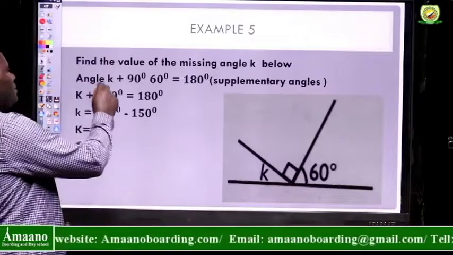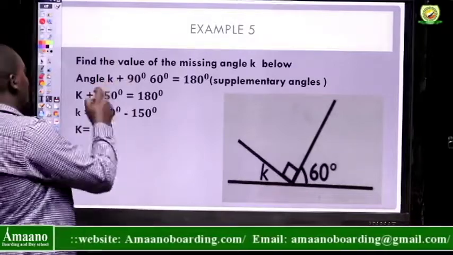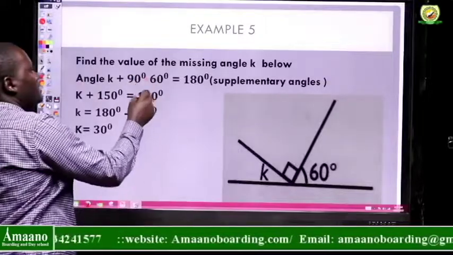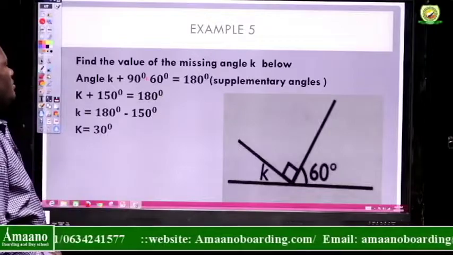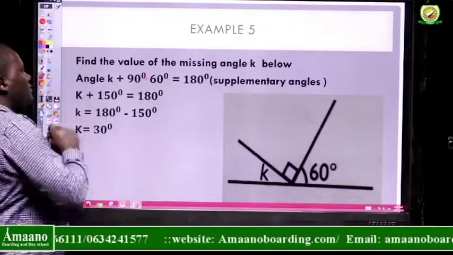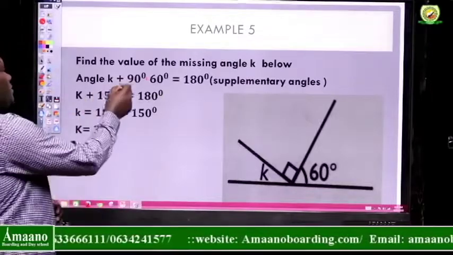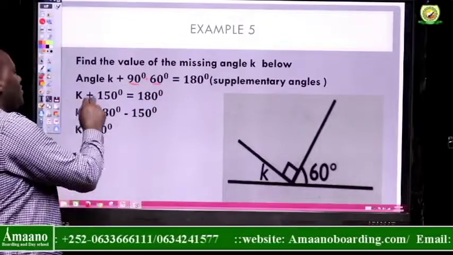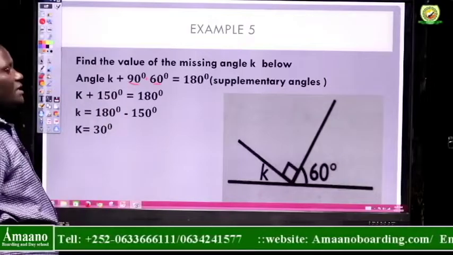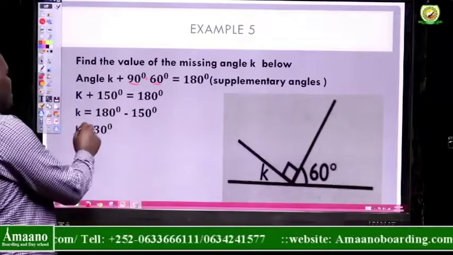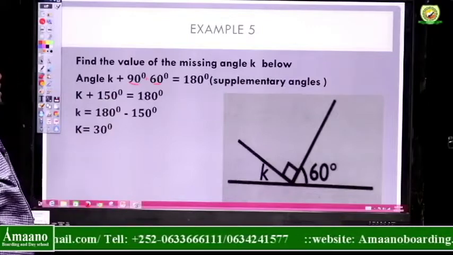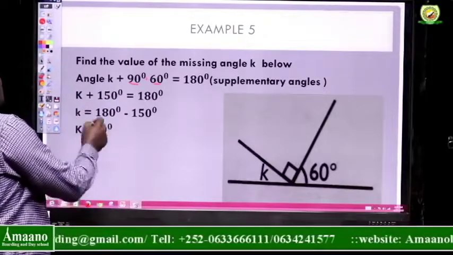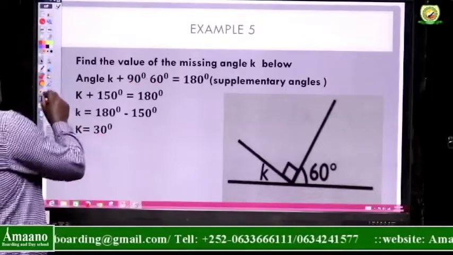I'll take angle K plus 90 plus 60 equals to 180 degrees. So K plus 150, 150 I got it because I added 60 plus 90. K plus 150 is 180 degrees. K is going to be 180, I take away 150, that is equals to 30 degrees, the one that you can see on the board.